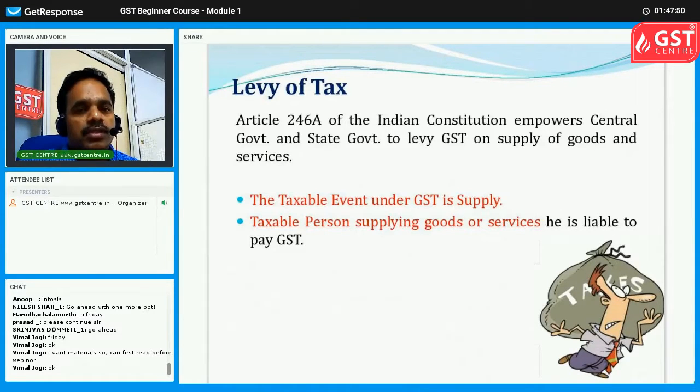So all such points are removed. Manufacture, sale, service, all such terms are removed. Now the levy of tax under GST, the taxable event, will be named as supply, and a taxable person supplying goods or services will be liable to pay GST.